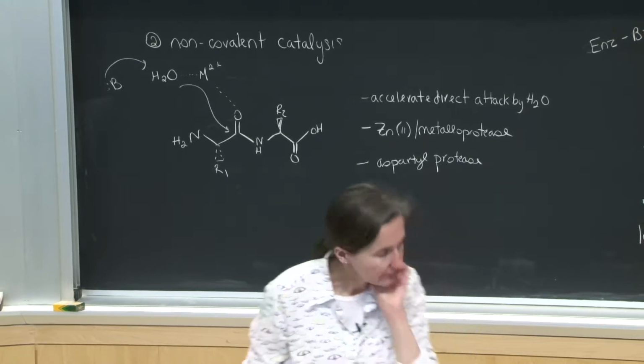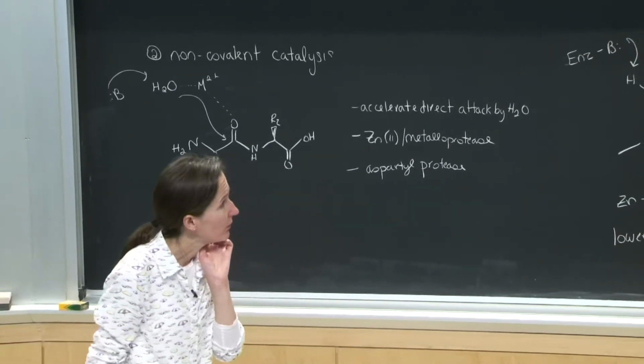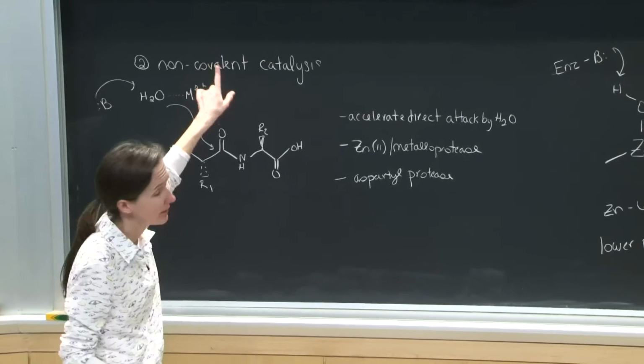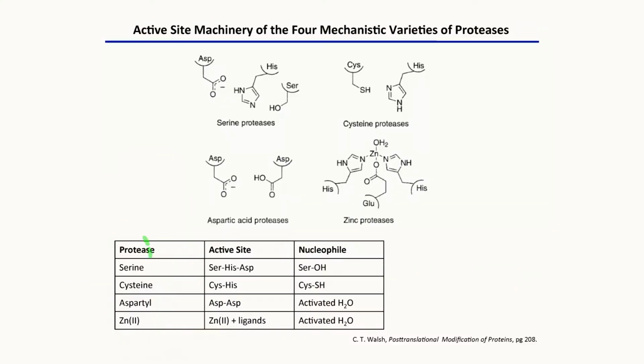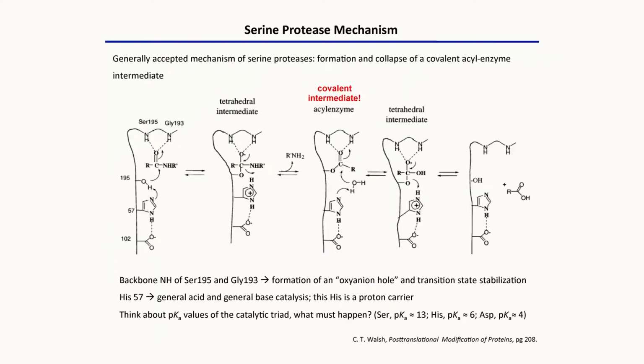Okay. So just thinking about here, this covalent catalysis. So here's each protease type, the active site and the nucleophile. In the case of the serine proteases, the nucleophile is the serine side chain. And I'm showing this because ClpXP, the ClpP protease, uses serine protease chemistry.